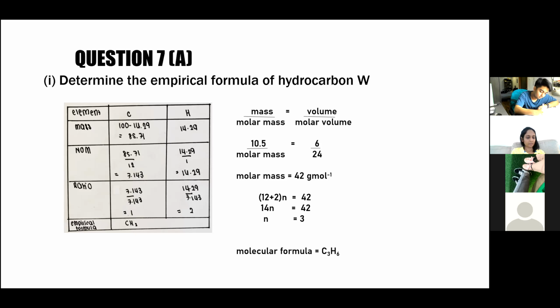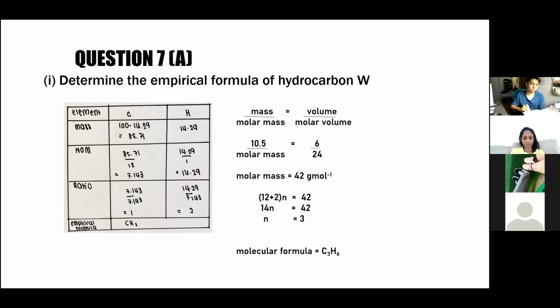And then you need to find the mass. So in the question, they said that hydrocarbon W contains 14.29% of hydrogen. So because they gave it in percentage, you know that the total is 100. So even though they didn't give us the mass of carbon, you can find it by taking 100 minus 14.29 and you will get 85.71.